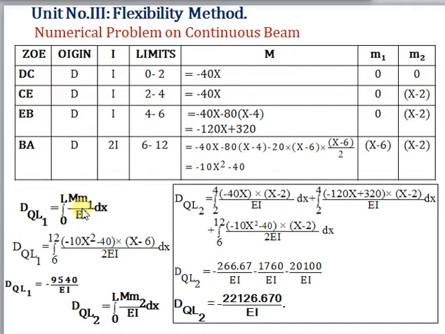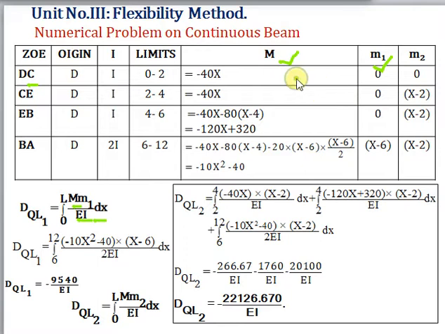So to find DQL1, you have to take M into M1 and integrate over each zone. When we add each zone, we consider the whole length of the member. So integrate from 0 to L, that means all zones, the whole length comes into the picture, divided by EI into dx.